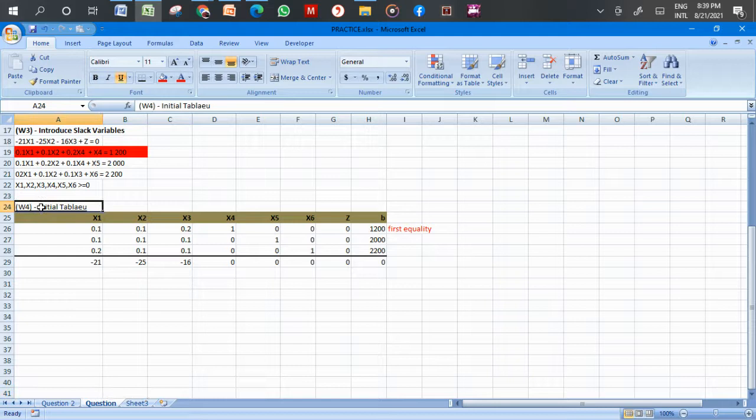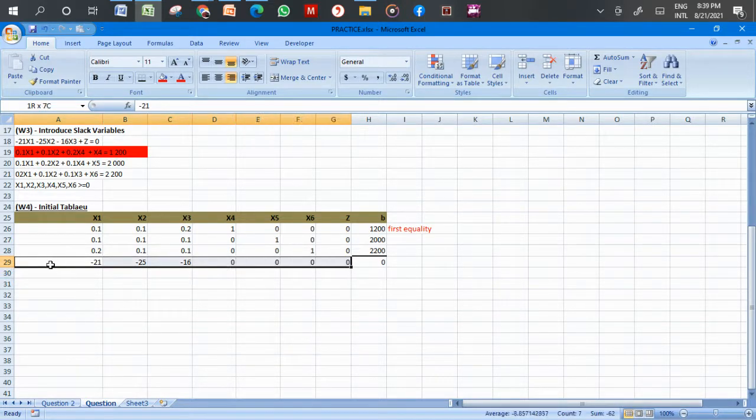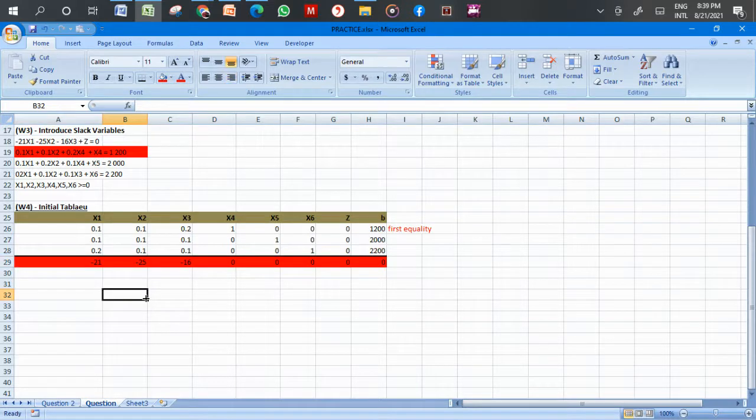Okay, so our objective: we only have the optimal mix when we no longer have negatives in this row. As long as we still have a negative number on this row, we have not yet reached the optimal mix.